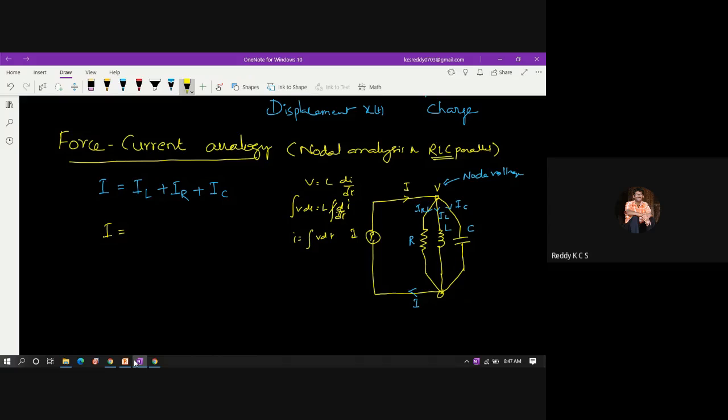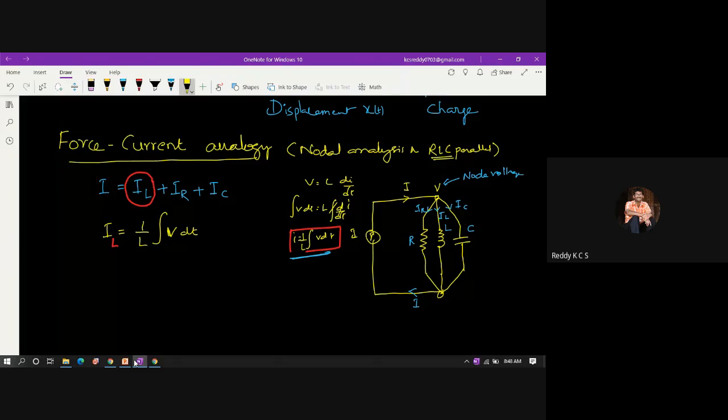So IL is equal to 1 by L integral of V dt.